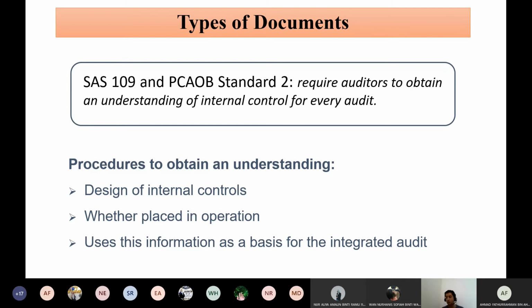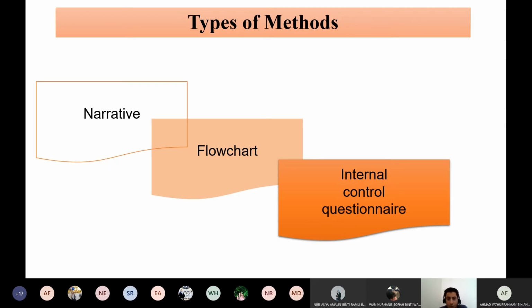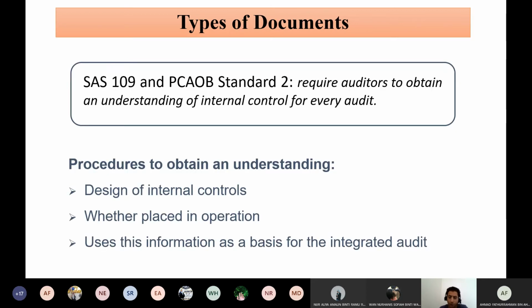When we say integrated audit, we mean the tests later on, either substantive tests of transactions or substantive tests of details and balances, which will form and shape the auditor's opinion.